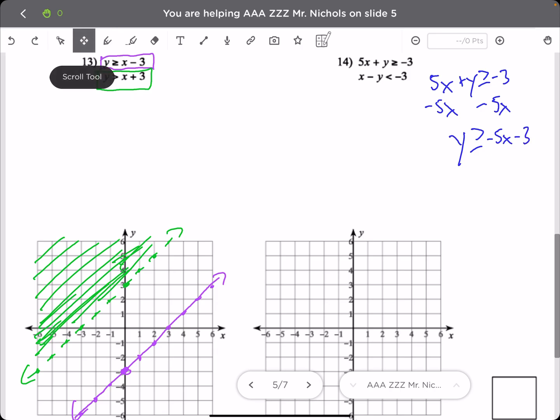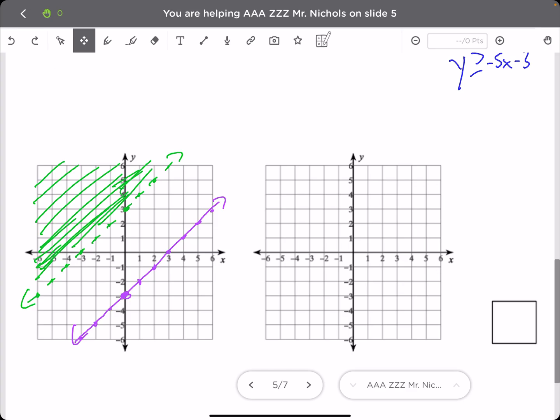And so when I would graph this line, I would say it's at minus 3. And it's negative 5x. I can't go down because I'm going to go off the screen. So I'm going to go up 5, left 1, and put a point, and then up 5, left 1, but I'm going to run out of space. And so I'm going to then just draw this line here. And because it is greater than or equal to, remember our equal to, I draw it as a solid line.